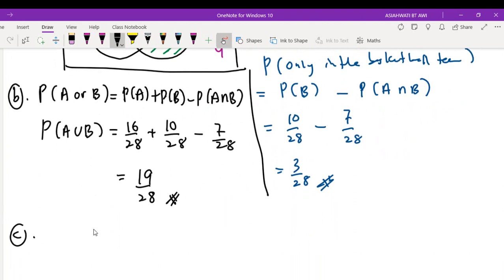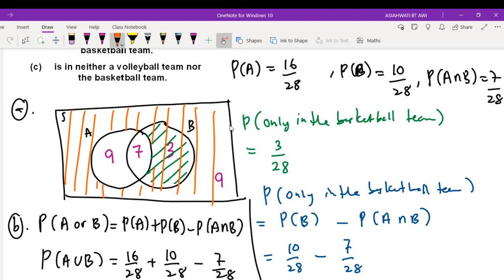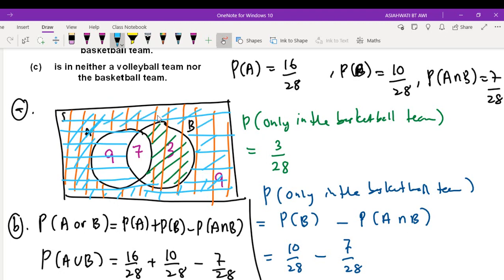So C is the probability of not A and also not B. If you want to represent not A and not B, this is not A, the region outside A. Then this is the region not B, everything outside set B. From this diagram, the double shaded region, orange and blue, is outside the two sets.